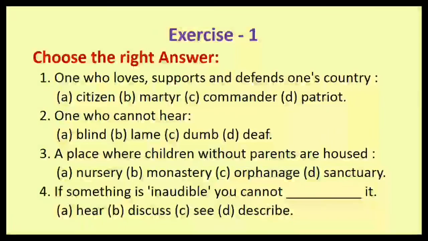So, dear students, now we will do some exercises so that we can easily understand about one word substitution. In the first exercise, you will choose the right answer from the given options.